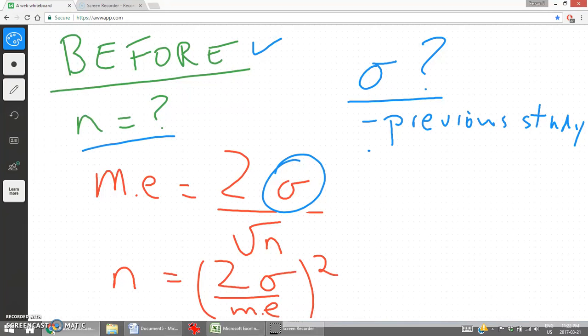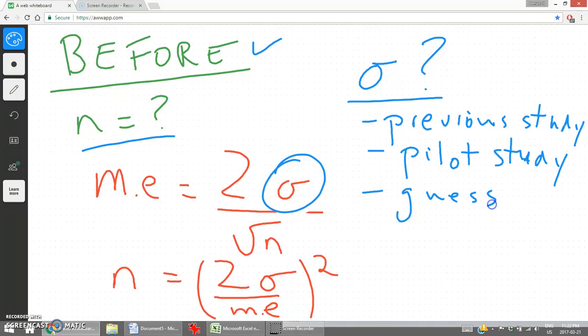So our standard deviation either comes from a previous study, or it can come from a pilot study, being a small version of the study that we're going to conduct. So we can give it out to 100 people beforehand, gather some preliminary data with that calculated standard deviation, which we could then use to determine how many surveys we need to do for the big study. Or basically we have to guess. So generally there is a previous study or a pilot study process that we can use to get at this answer.